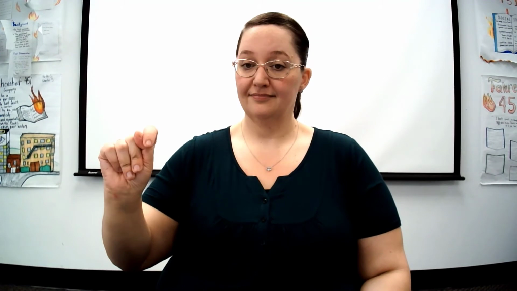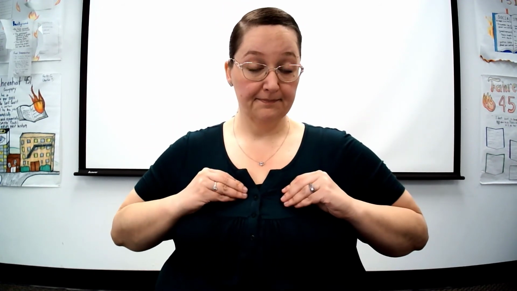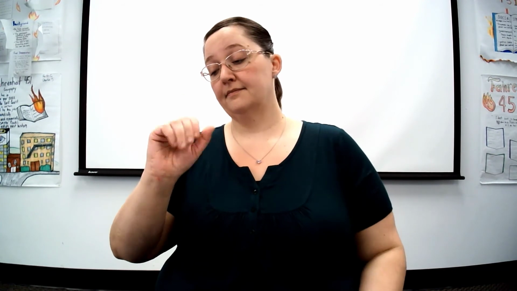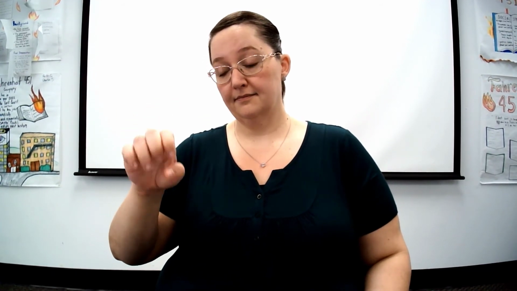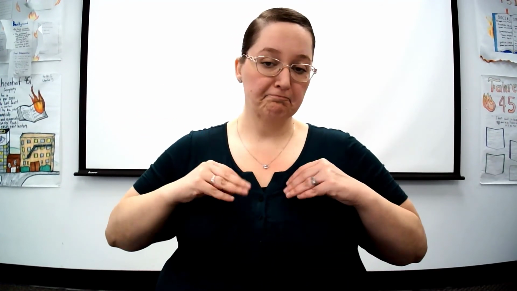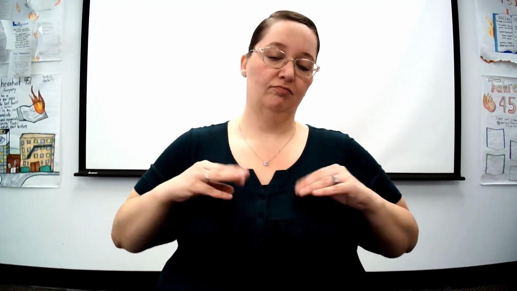Number 22, accept. You're going to go from 5s to flat O's, thumbnails touch your chest. Accept. If you do it twice, that would be acceptance or acceptable. Yeah, that's acceptable. Or I accept your apology.